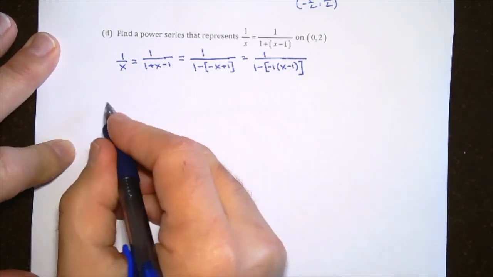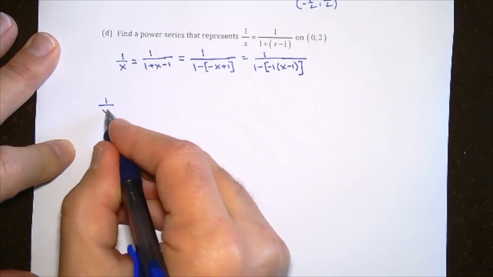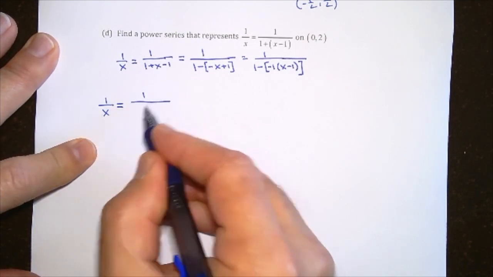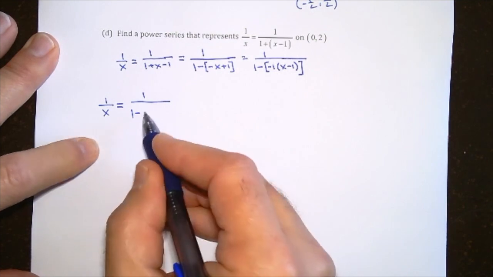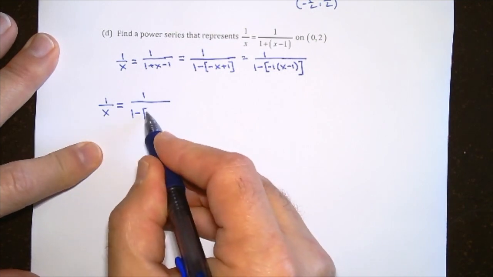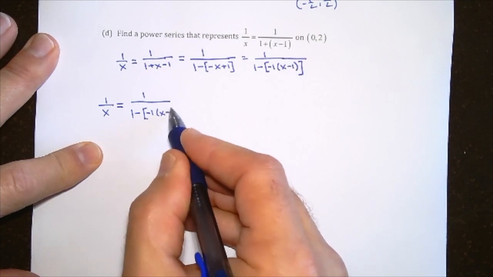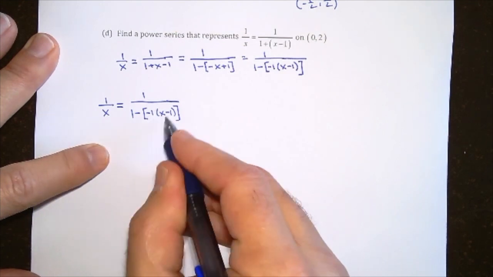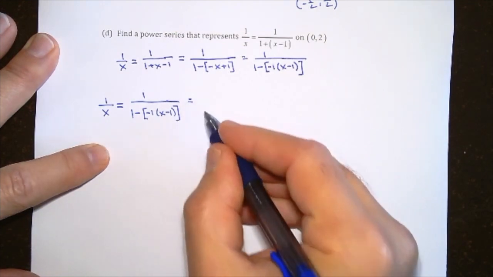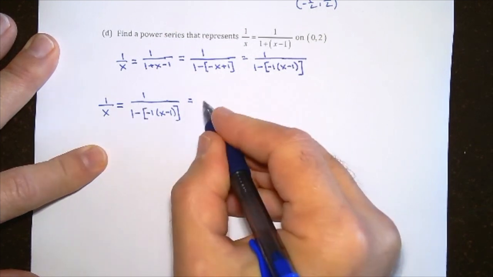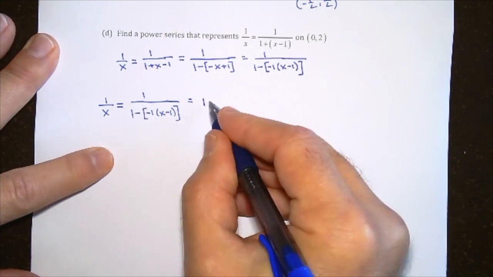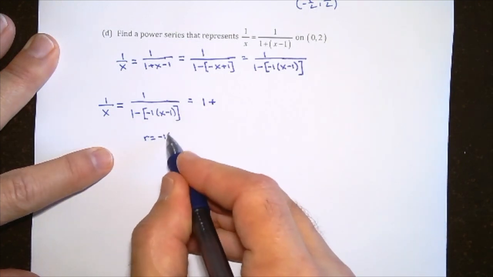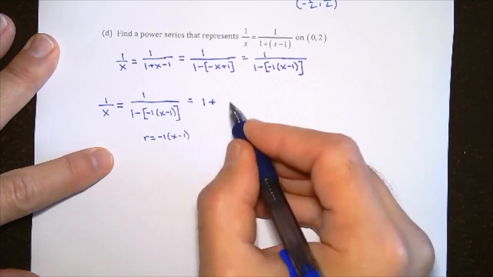Okay, so here we go. This 1 over x is equivalent to 1 over 1 minus, and then negative 1 times x minus 1. Okay, and this is our r, so then this is equivalent to our first term, the numerator here, which is 1, and then plus our multiplier, our r, which is negative 1 times x minus 1.